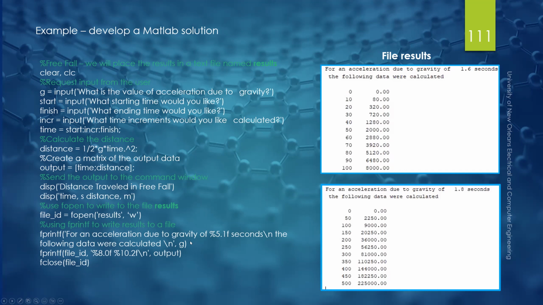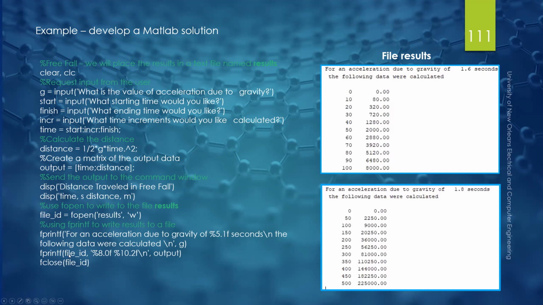So that will be the first thing I write to that file. Now remember, I'm not seeing the file results on the command line because I'm writing into a specific file. If I want to see it in the command line, I will use something like disp, which I'm not doing here. I'm just writing to a file.